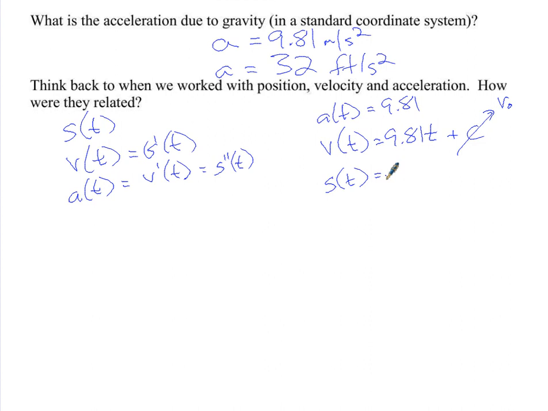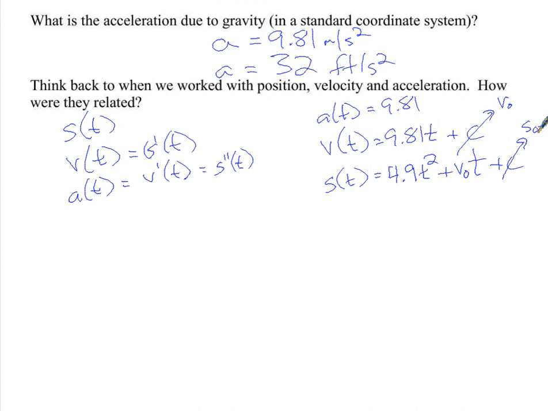So 4.9 t squared plus c. What is that c? Initial position, that's right. And we call that s naught. Not snot.